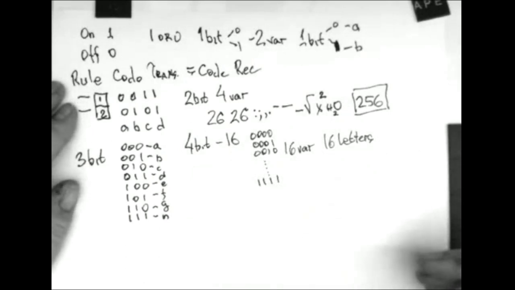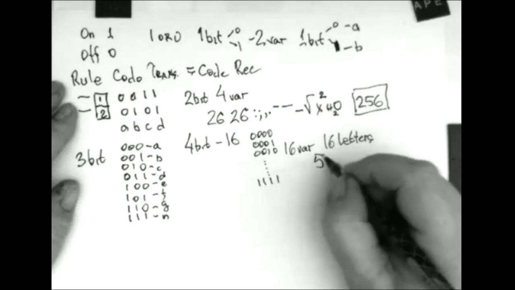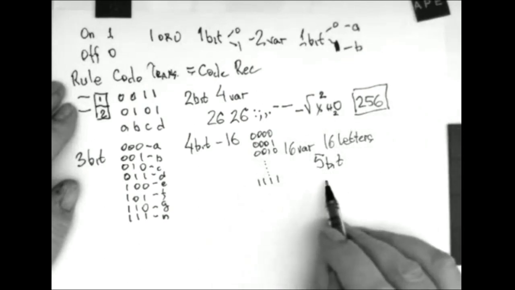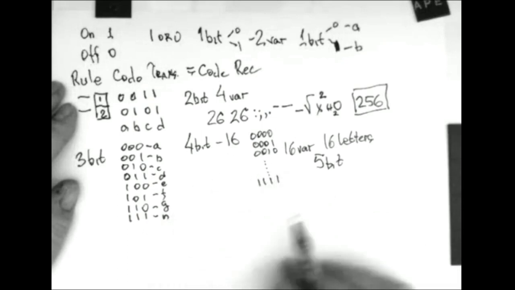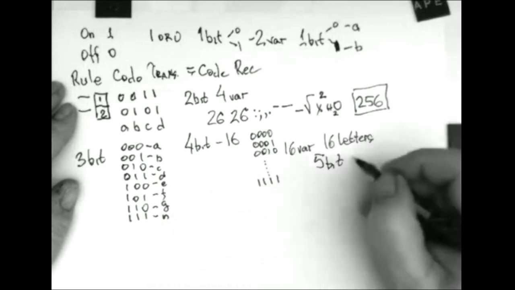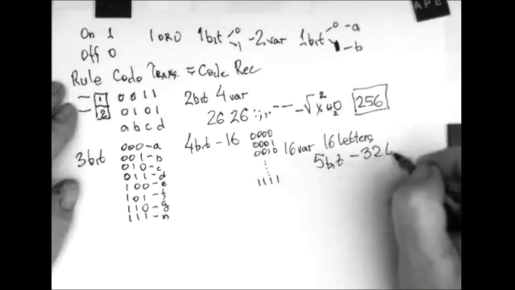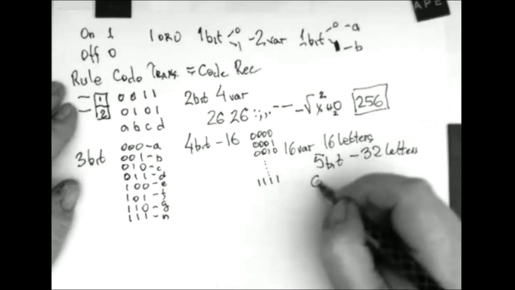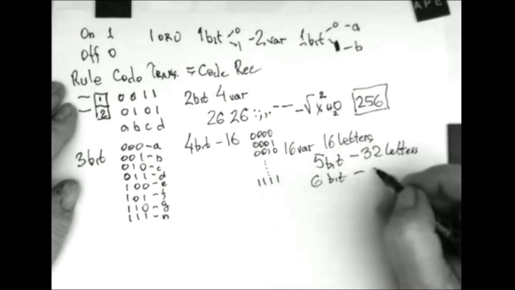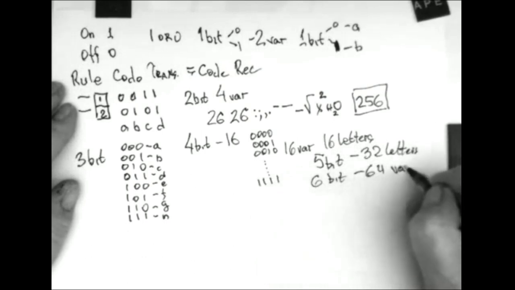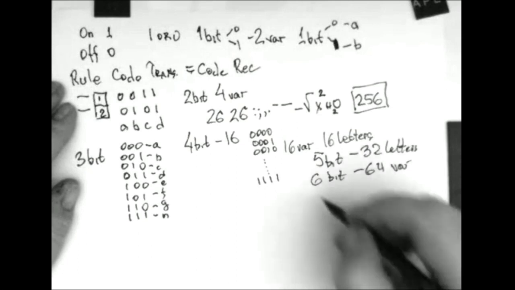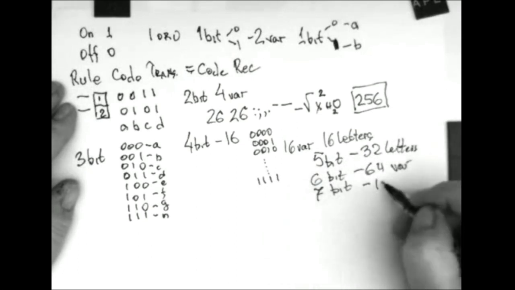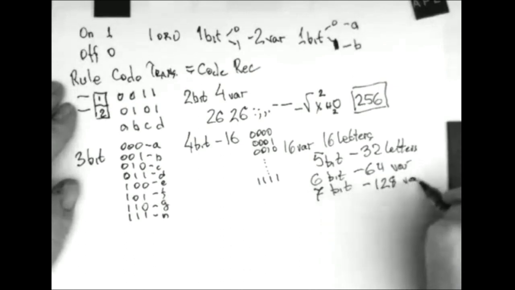Let's go further. I would like to take 5-bit. Every time I add 1 bit, the number of variations doubles. For 5-bit, that will be 32 variations. For 6-bit, 64 variations. For 7-bit, 128 variations.